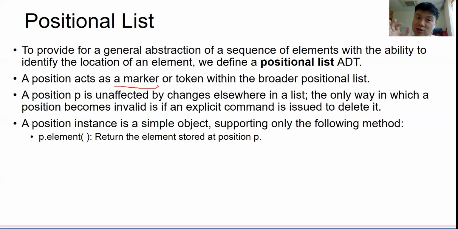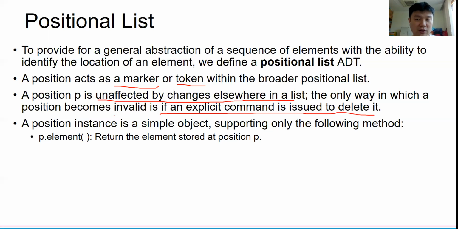It's not an index, so we call it a marker or token within the broader positional list. The position p is unaffected by changes elsewhere in the list. The only way in which a position becomes invalid is if an explicit command is issued to delete it.